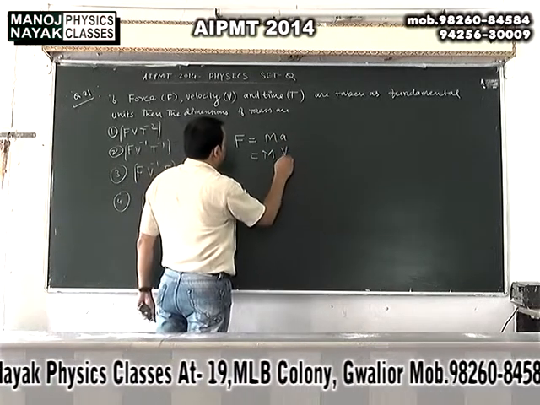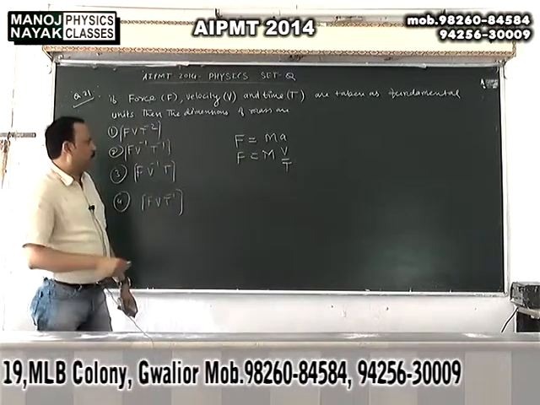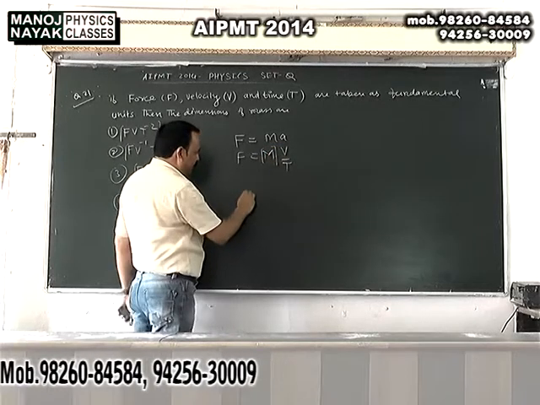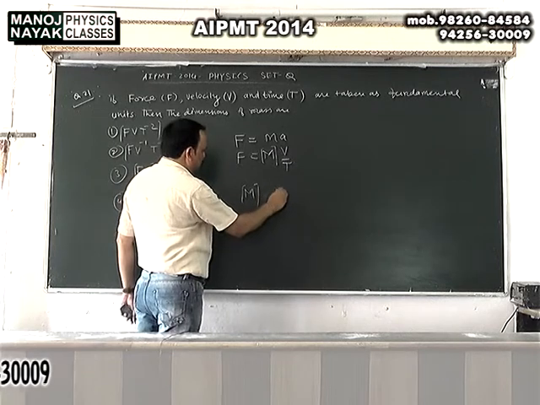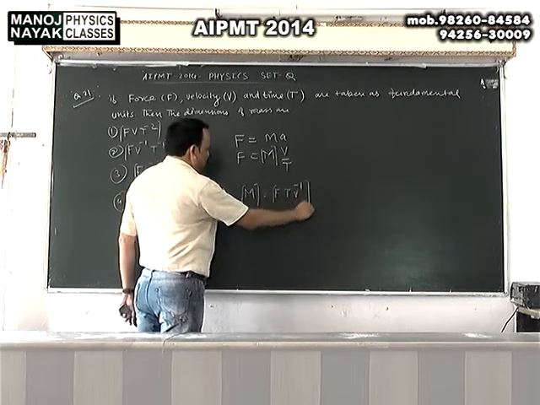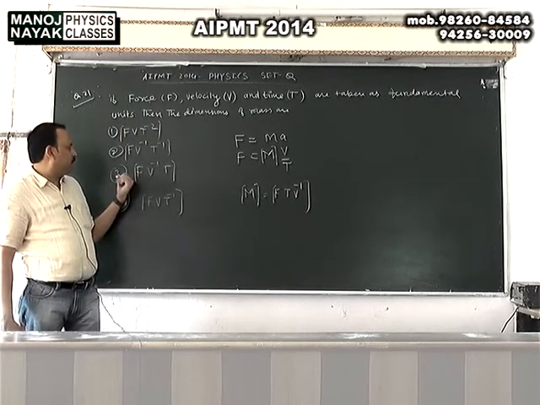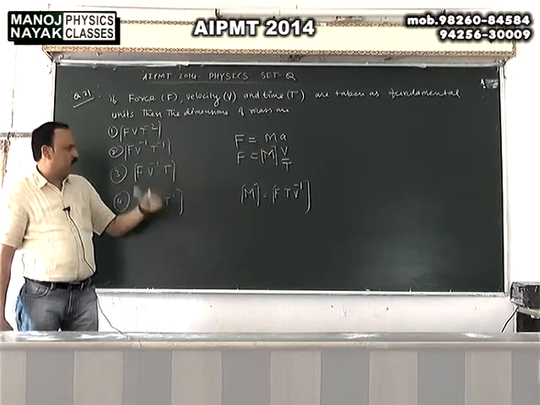It is v by t. So what would be the dimension of m? You can find it F t v minus 1. So the correct answer will be, I think, the third, F t v minus 1. Okay.